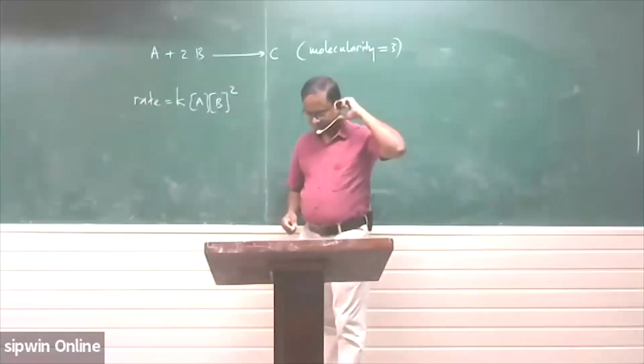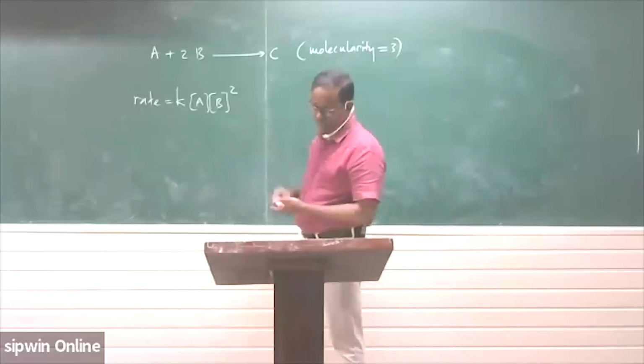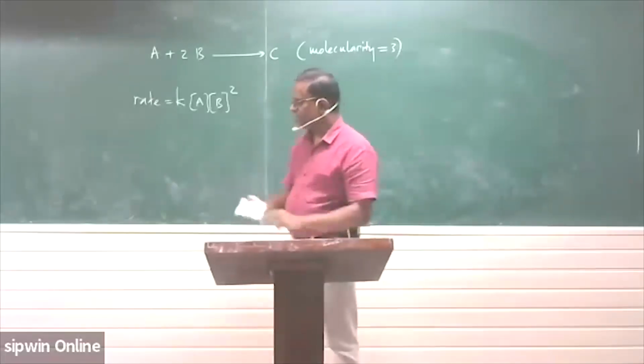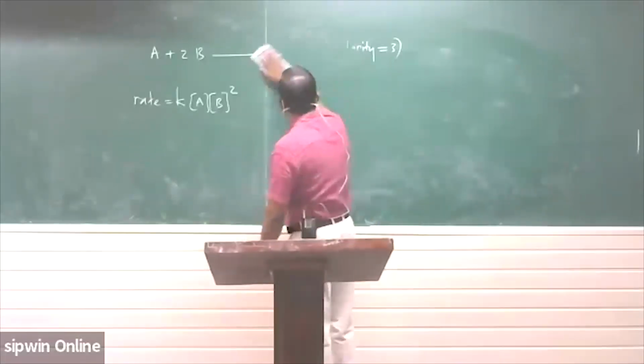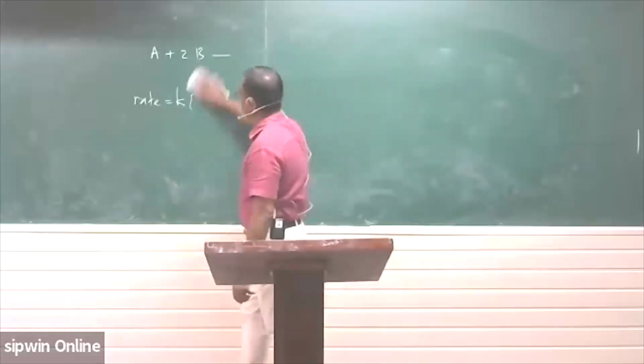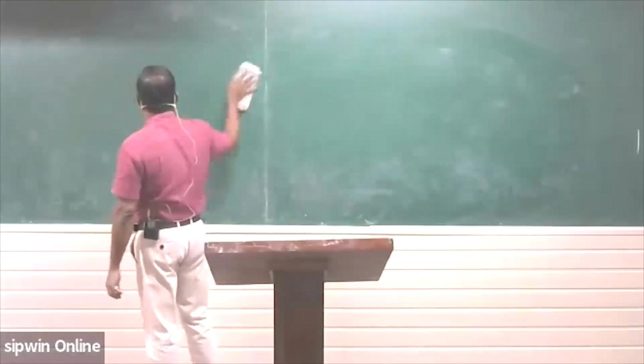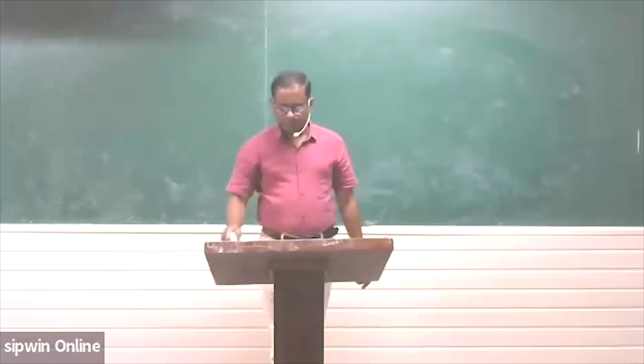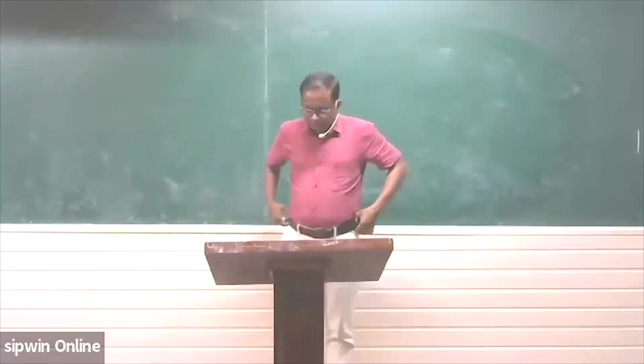Another example. Below this one, write the earlier PCl5 reaction: PCl5 into PCl3 and chlorine.